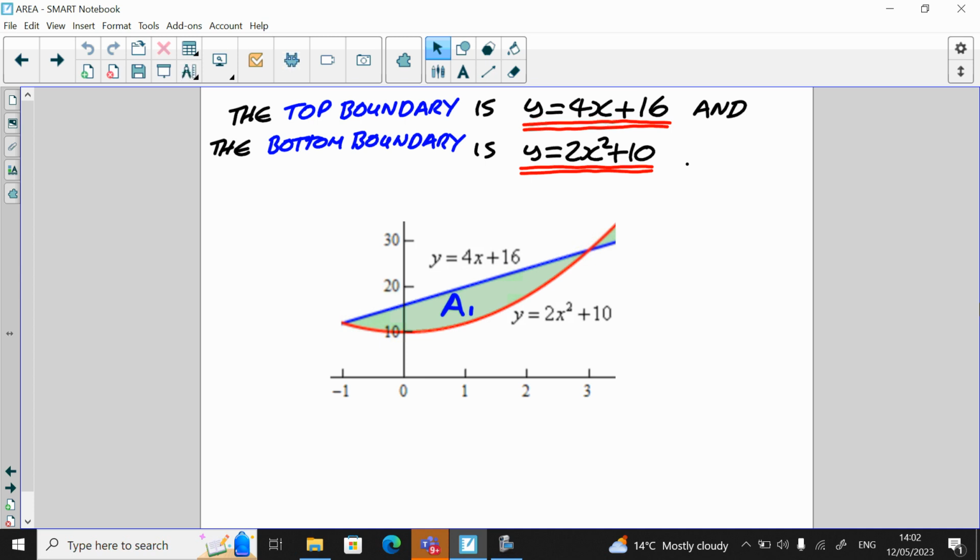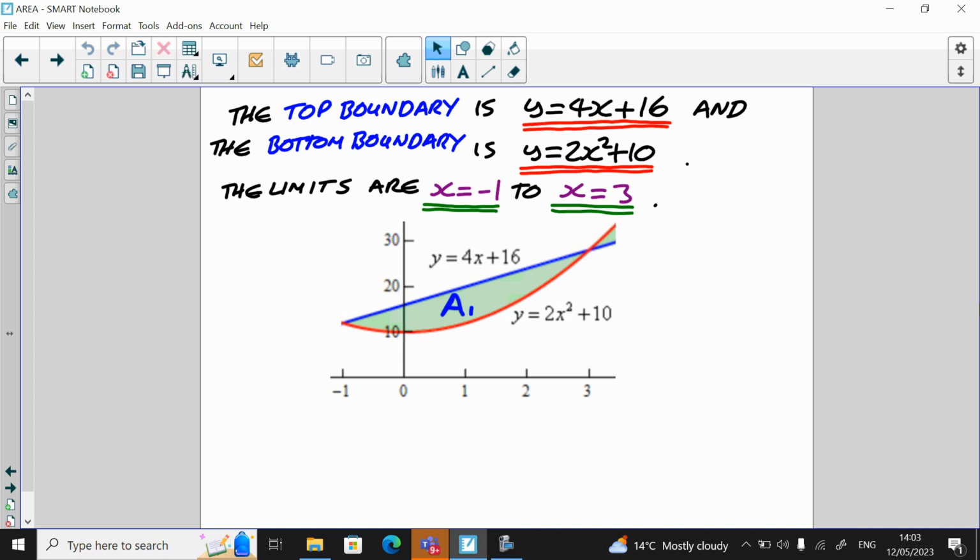Also, we need the extreme values of x left and right of the enclosed area, so they are x equals -1 and x equals 3. You're actually being given this information here, so there's no need to equate the curves.